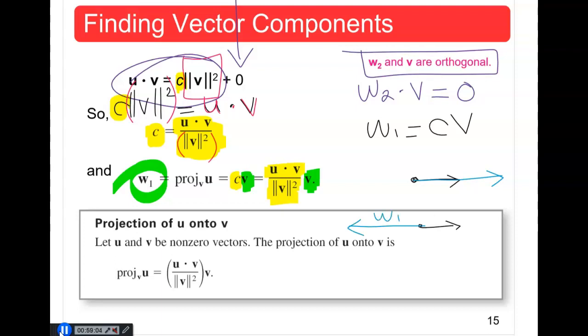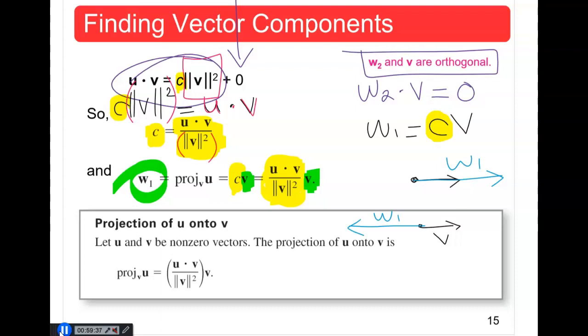Like this will be W sub 1, and then here this is vector V. So what we did is derive the way that we will find that constant, so that we could turn that vector V into our projection onto U, so that it will be orthogonal with the second component, which will be W sub 2.